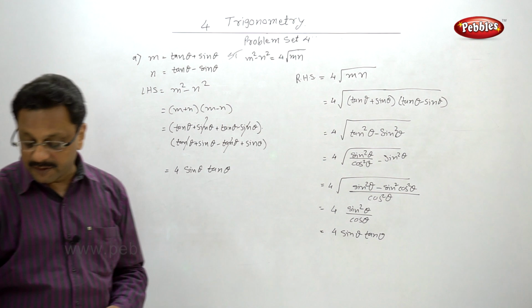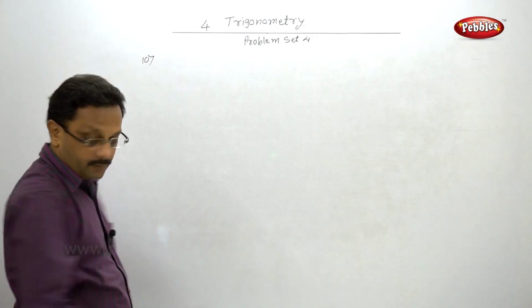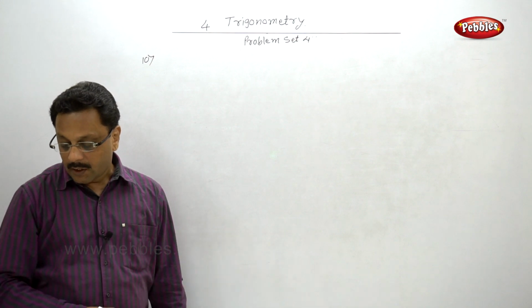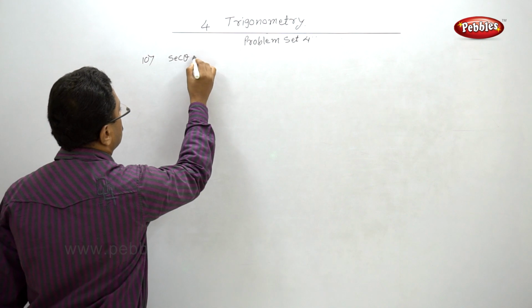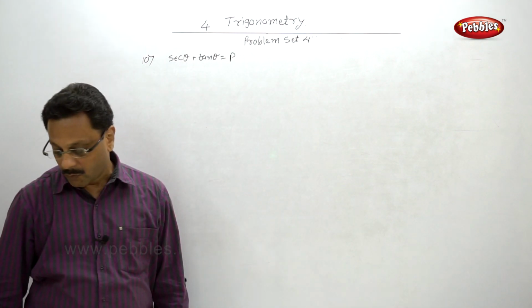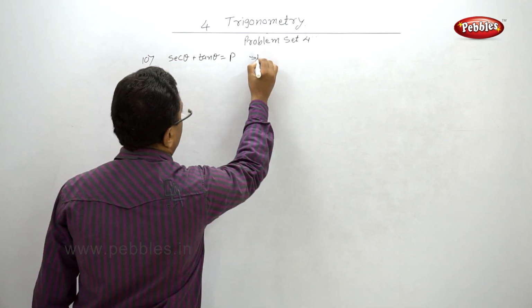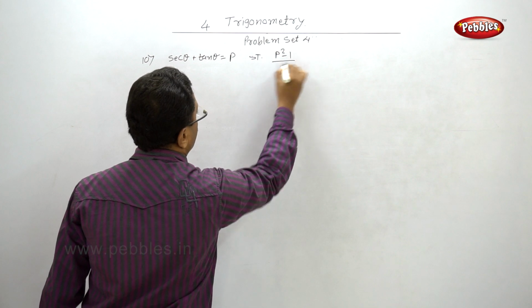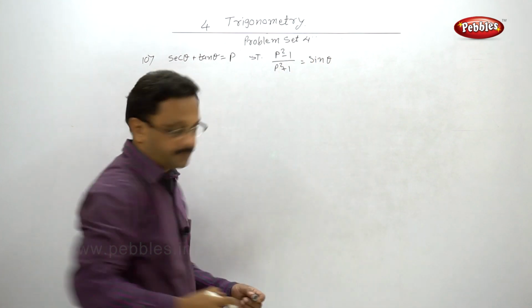Let us see next example. Example number 10. If sec theta plus tan theta equal to P, show that P square minus 1 upon P square plus 1 is equal to sin theta.